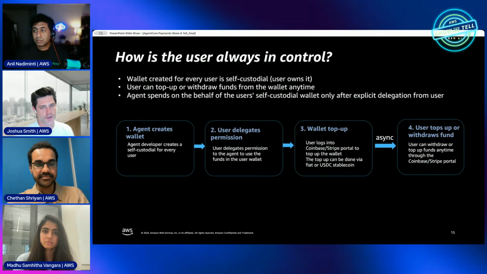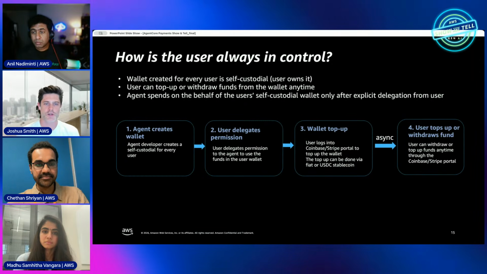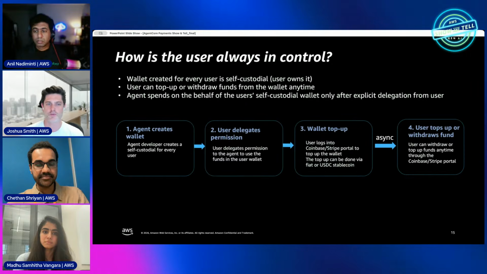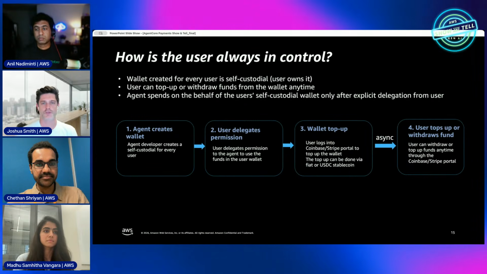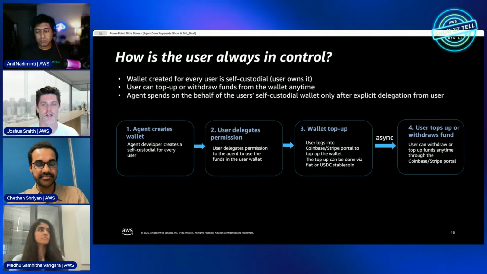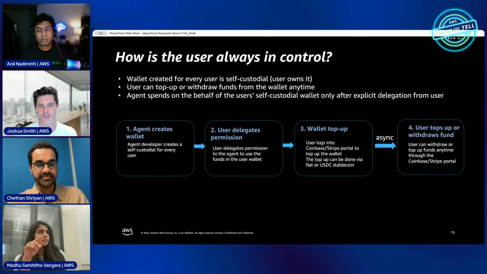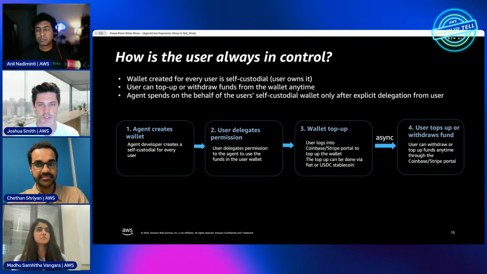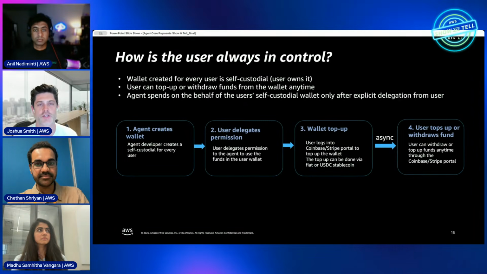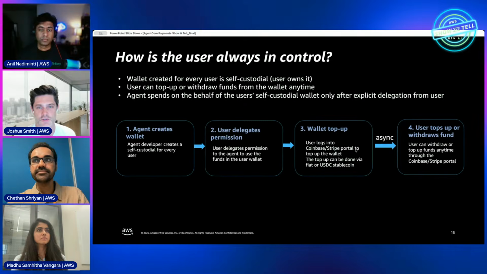The challenge here is a sort of runaway agent, and the solution is around a three-phase commit protocol, so budget limits are never exceeded, right? Every payment goes through this three-phase transaction workflow where the agent developer creates a self-custody wallet for each user. The user delegates that permission through a signing delegation process to allow the agent to sign transactions.